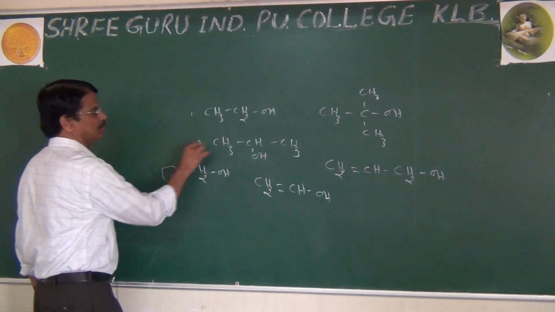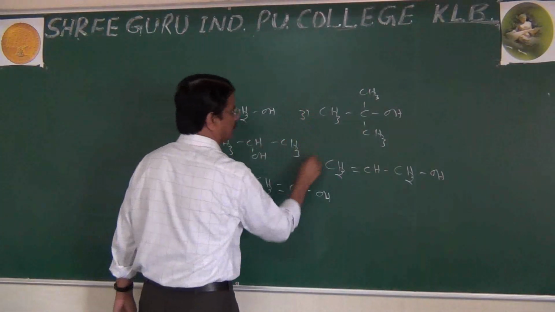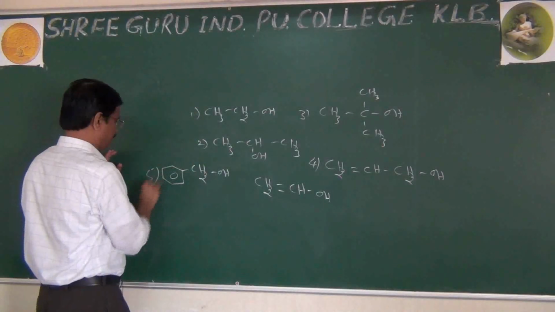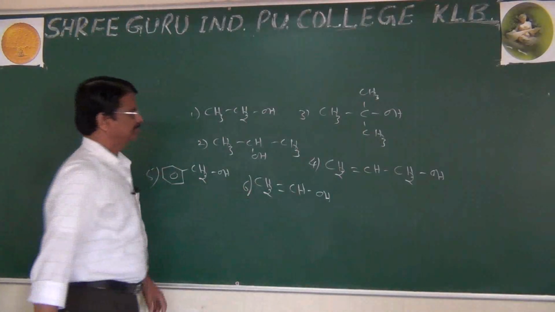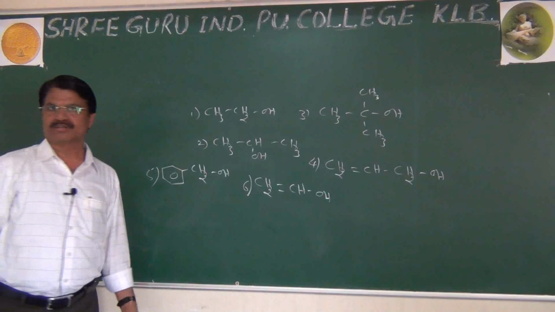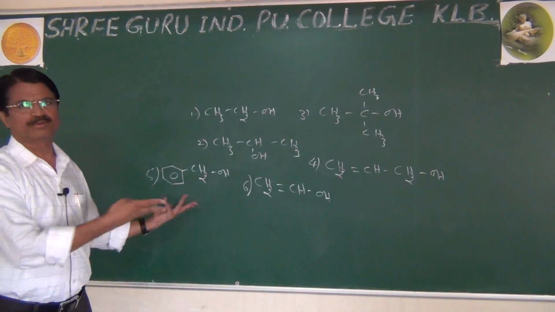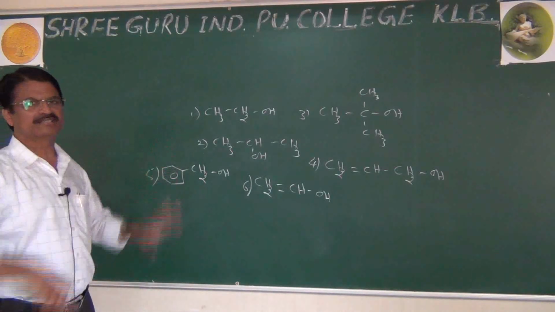These are the compounds 1, 2, 3, 4, 5, 6. There are 6 compounds. And according to the concept I told, we can answer based on that.